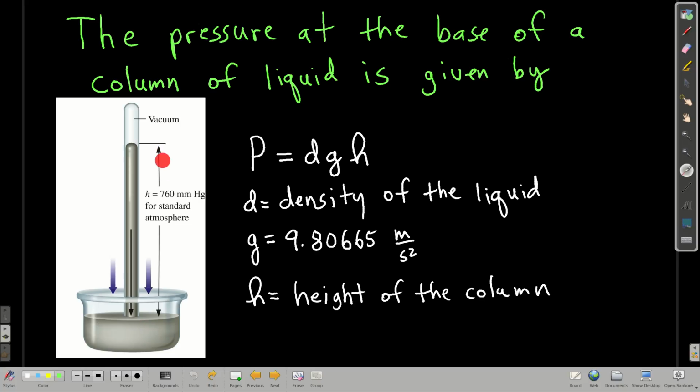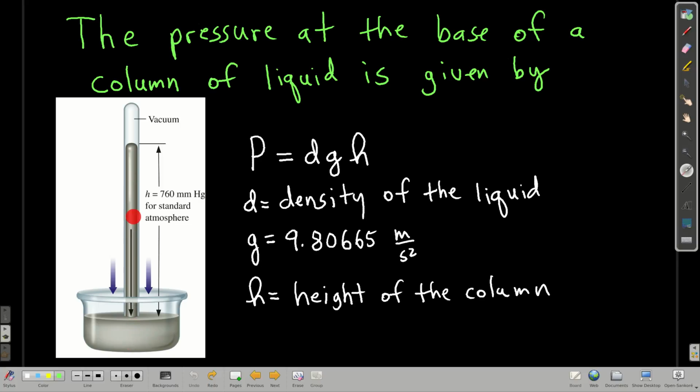What happens is the atmosphere will exert a pressure on the surface of this pool of mercury, and because there's nothing at first, there's nothing pushing back down here at the base of the column of mercury, the mercury gets pushed up into the column. But as it goes higher and higher, gravity is pulling the mercury down. It's accelerating it down towards the center of the earth.